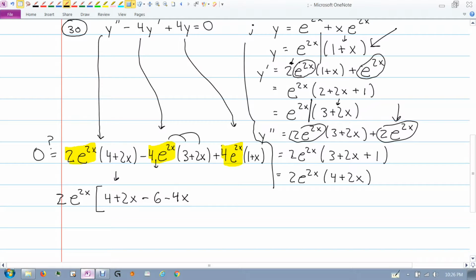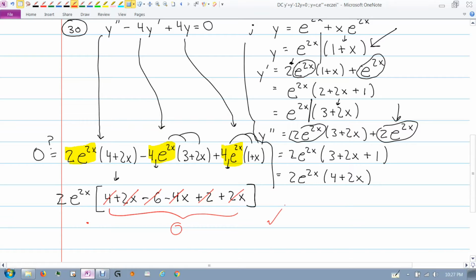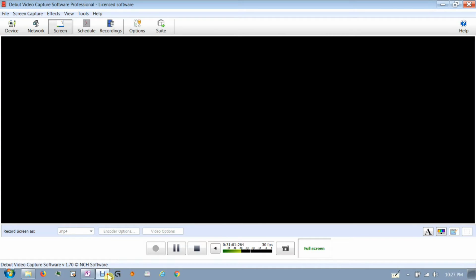And then when I pull 2e to the 2x out of this one, I'm left with a 2, and that 2 has to distribute through. So I'm left with 2 plus 2x. I'm hoping that this is 0 in here. So 2x minus 4x is negative 2x, and then add 2x, that's 0. 4 minus 6 is negative 2, plus 2 is 0. So everything in here is 0, and so this out here multiplied doesn't matter. It's 0. Checks.